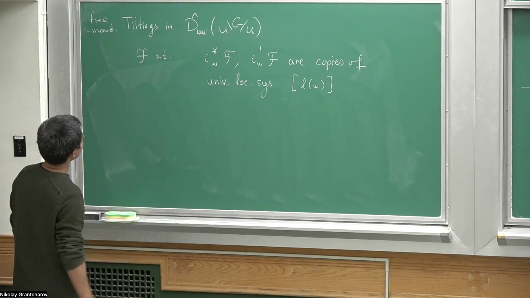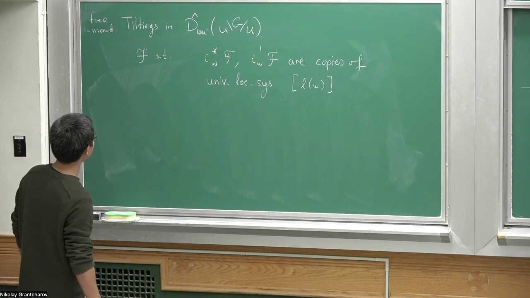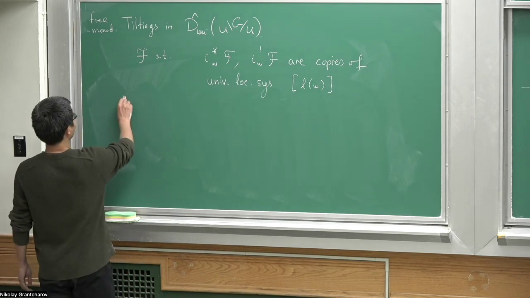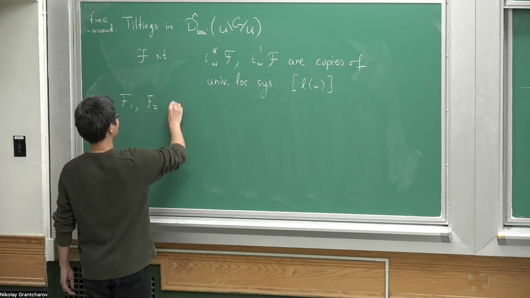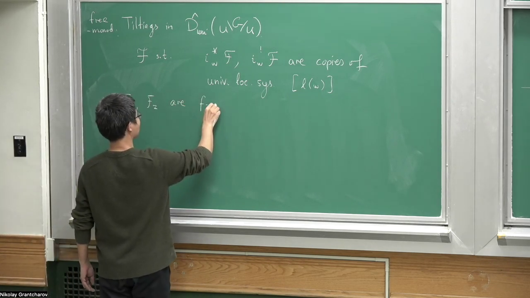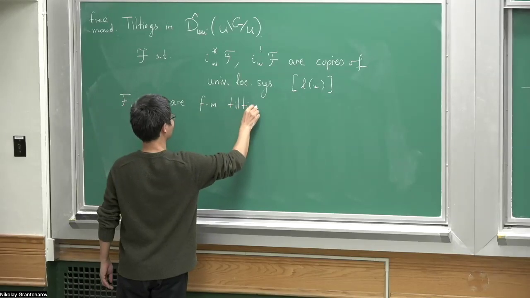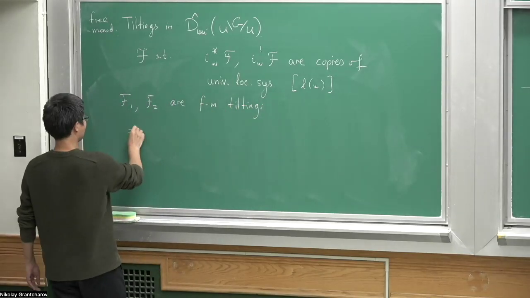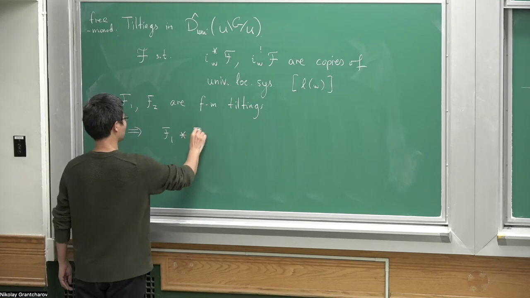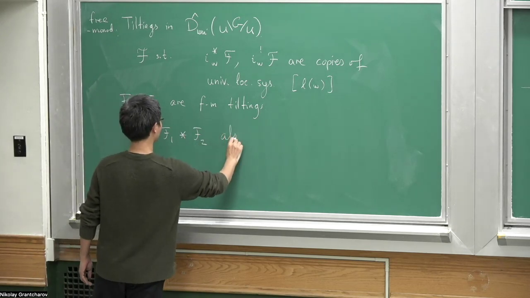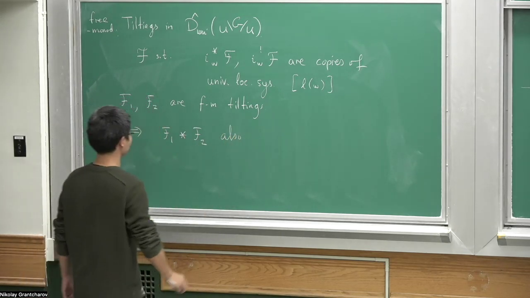So these objects turn out to behave well under convolution. If F1, F2 are free monodromic tilting sheaves, their convolution is also a free monodromic tilting sheaf.